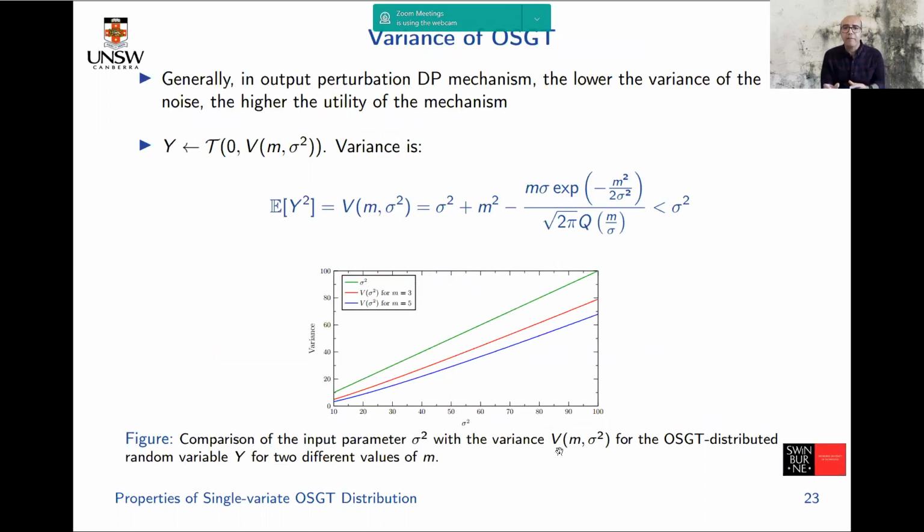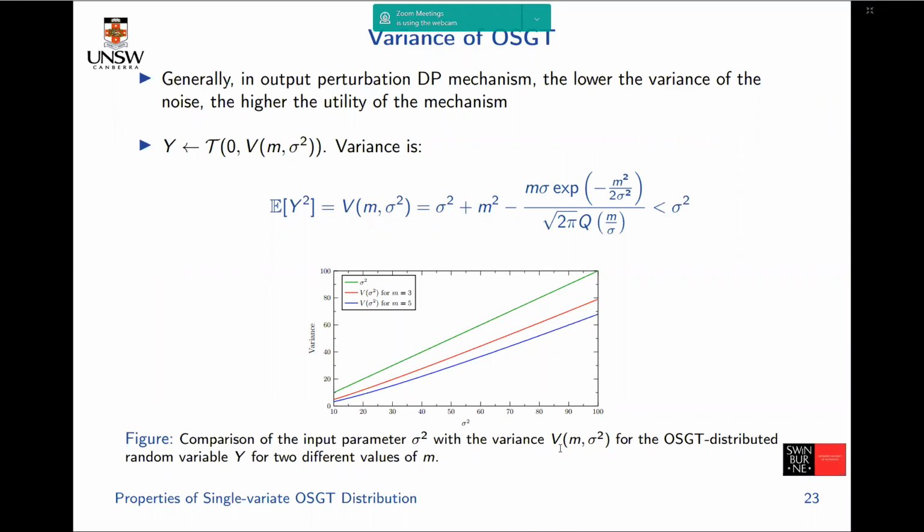Now, let's have a look at features or properties of AusCTW, which are characterized by parameters such as variance and tail. But before that, we need to mention that generally in an output perturbation DP mechanism, the lower the variance of the noise, the higher the utility of the mechanism.